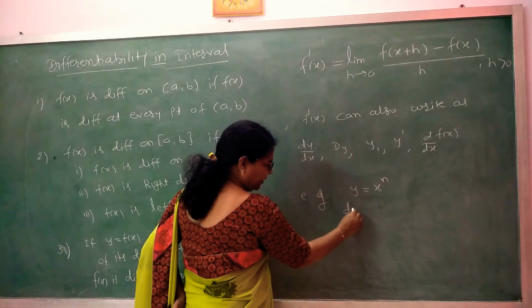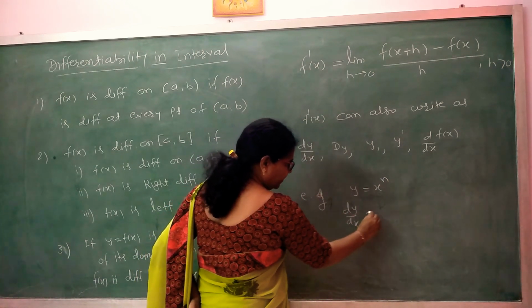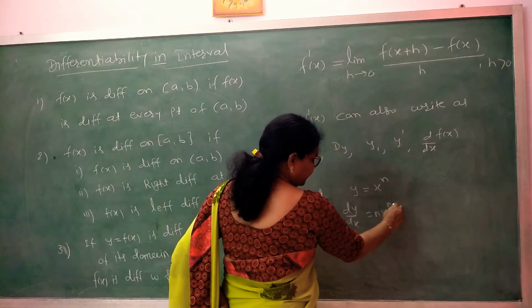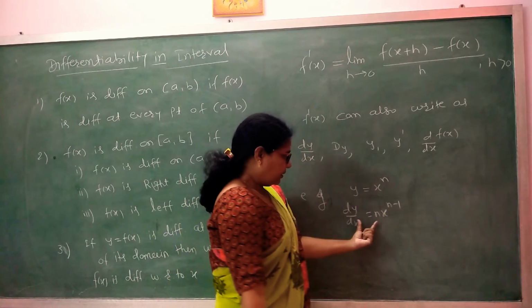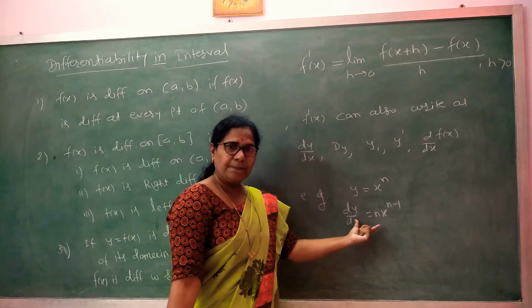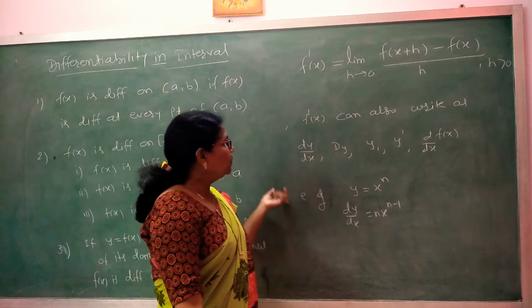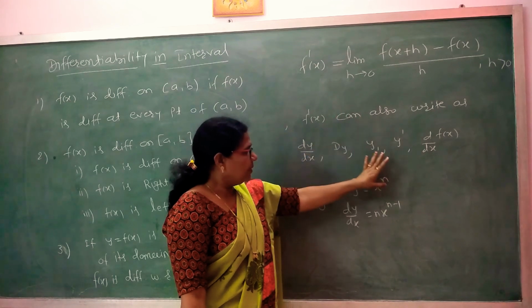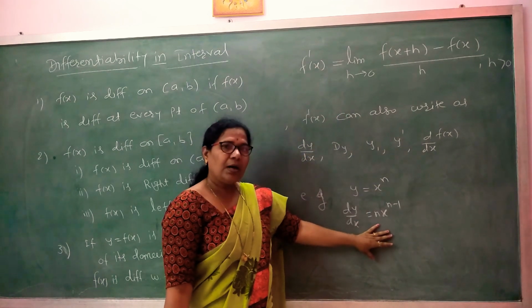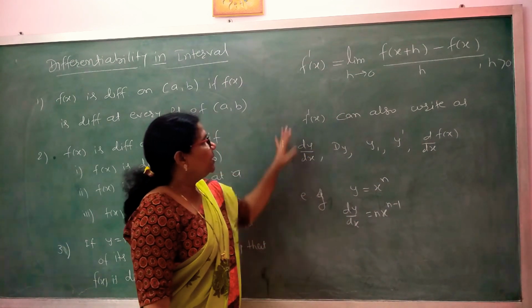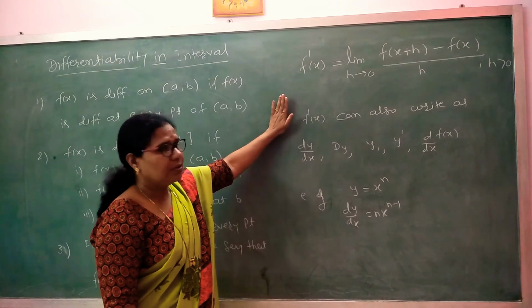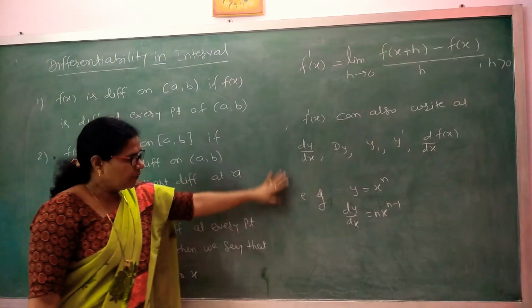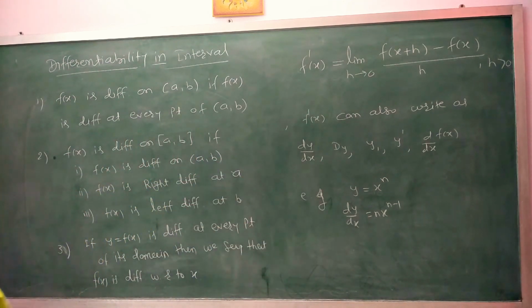We know the derivative dy by dx equal to n into x to the power n minus 1. So how can we derive this? This is derived by using the first principle of the derivative. All the formulae of the derivative are derived by using the definition of derivative or the first principle of derivative.